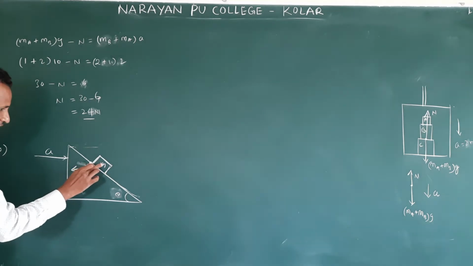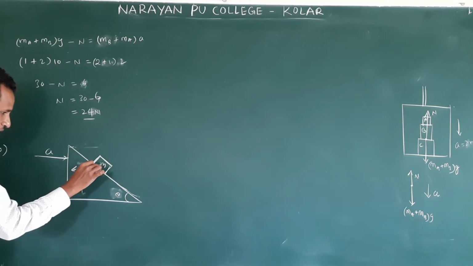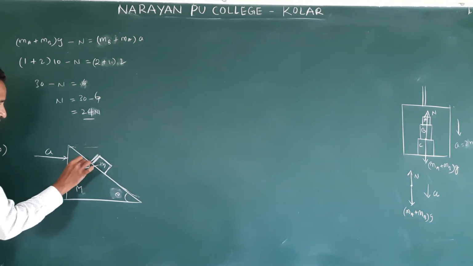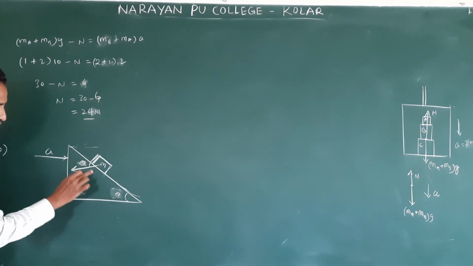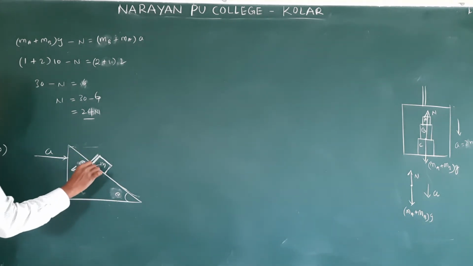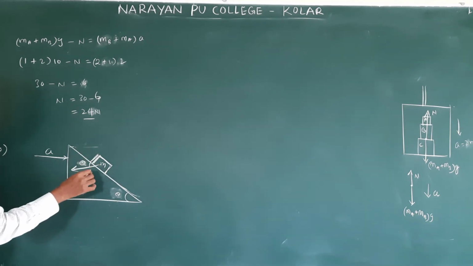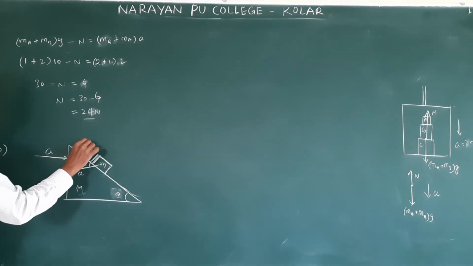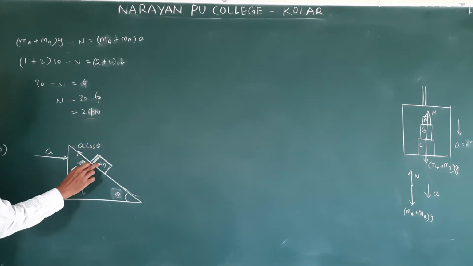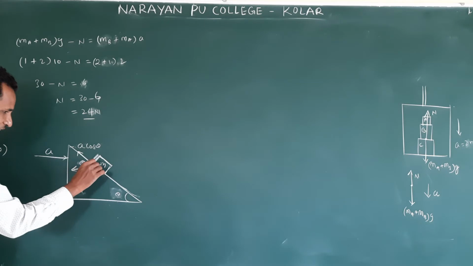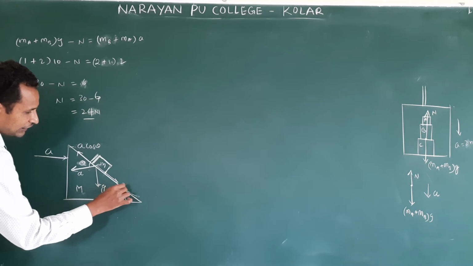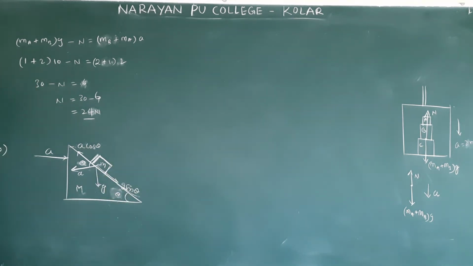This actually acts at the center, but to understand and to consider the angle I am taking it here. We will extend the block, no problem. So this is theta, because this and this are horizontal. Now this acceleration A, if you resolve it onto the inclined plane, acts upwards as A cos theta. But g is acting downwards; along the plane, the component will be g sin theta.